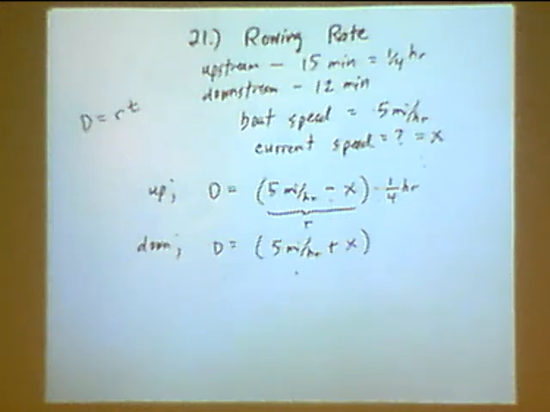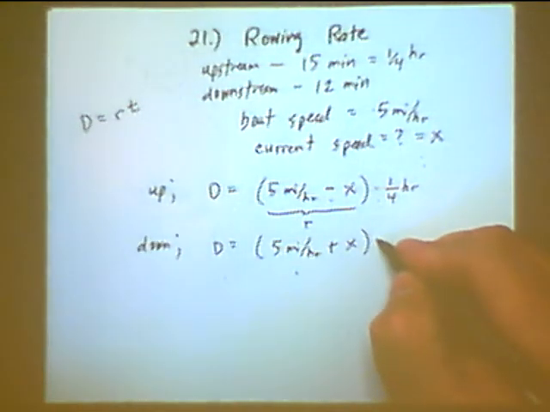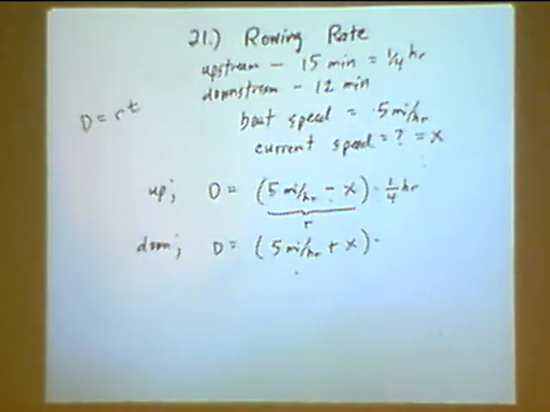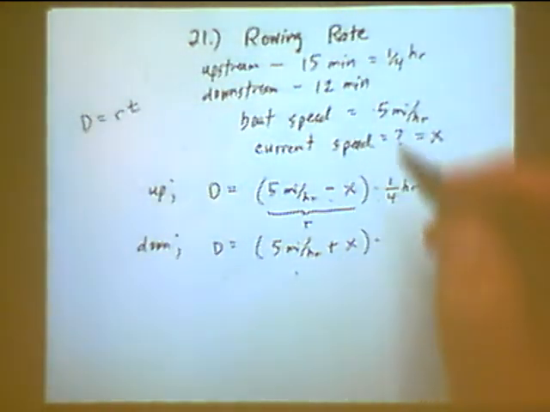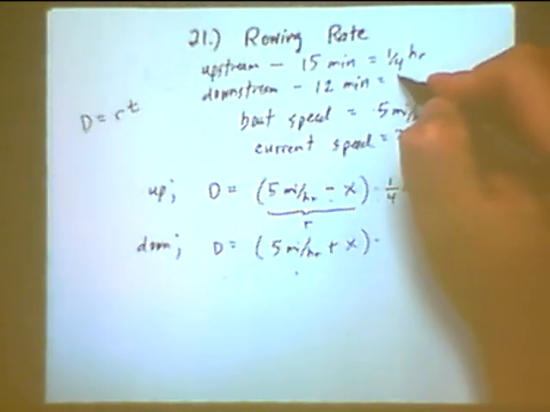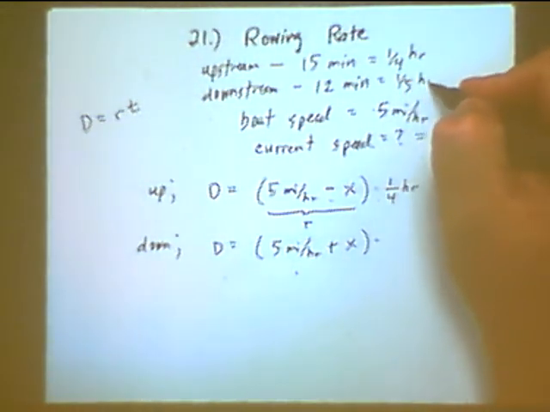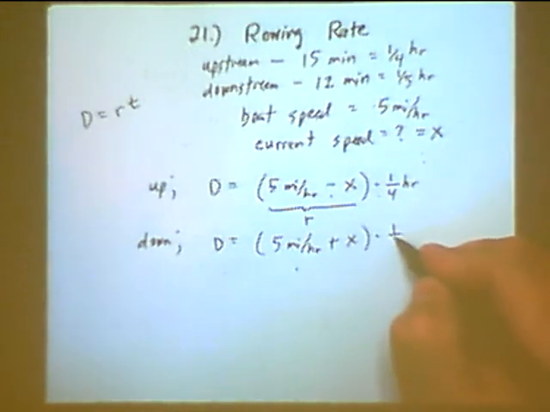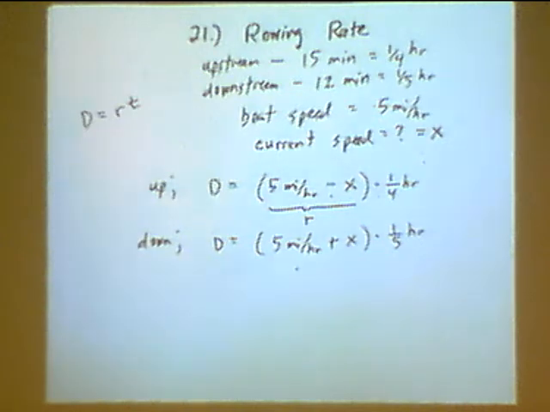And now we have to multiply by how long he was going downstream, and up the top it says 12 minutes, but we know we need to convert that to hours. 12 minutes turns out to be 1/5 of an hour. So now I put the time going downstream as 1/5 of an hour.